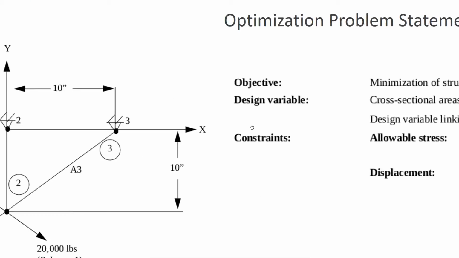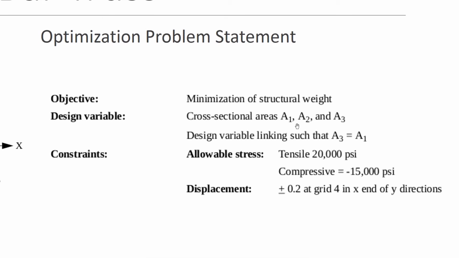Now, what are we optimizing? So here's our optimization problem statement. Before you perform an optimization of your own, it's very important you have these 3 things defined. What's your objective? What are your design variables? And what are your design constraints? Here, our objective is to minimize the weight of the structure. Our design variables will be the areas of each rod element. We have one requirement though.